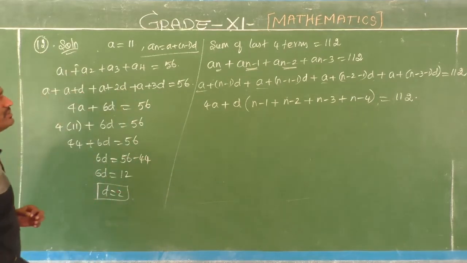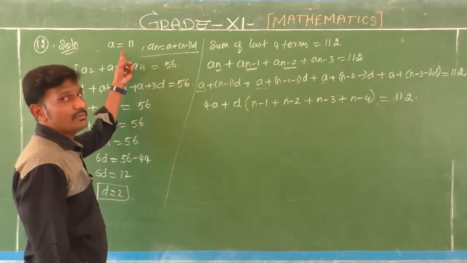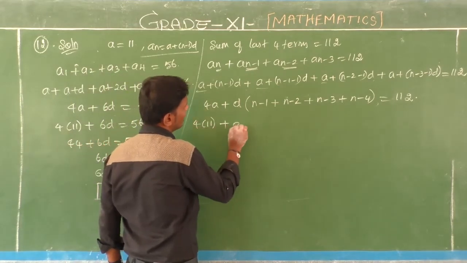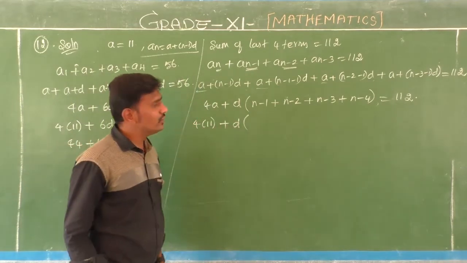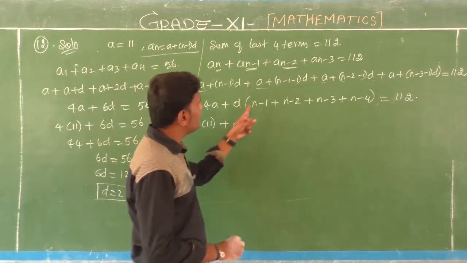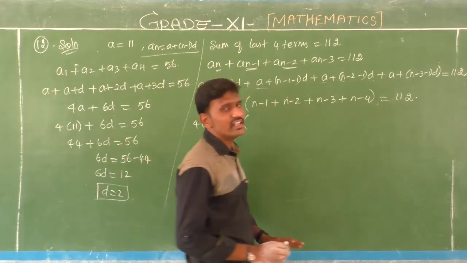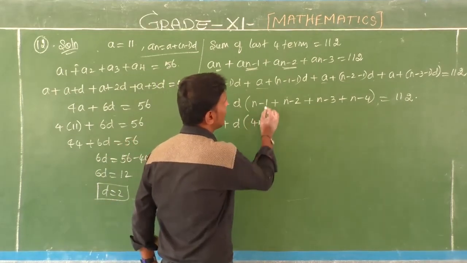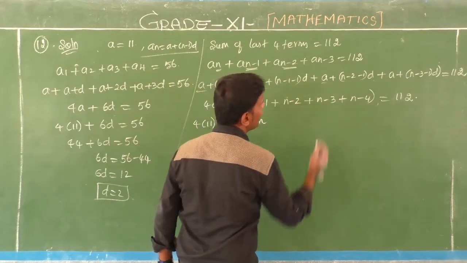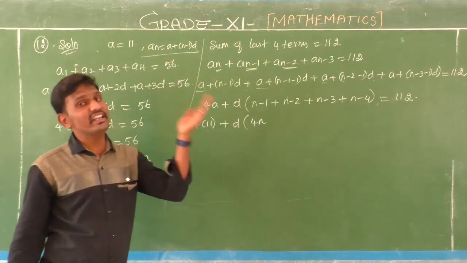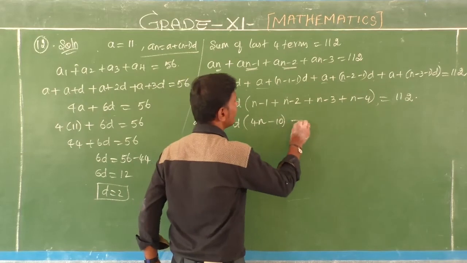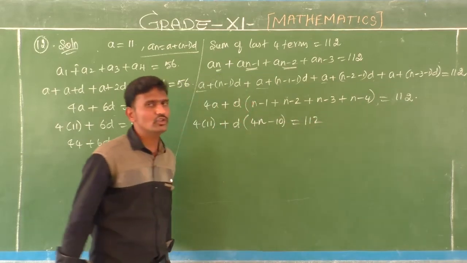Now we are going to simplify. You have the value of the first term as 11. Now substitute: 4 into 11 plus d into, now add n plus n plus n plus n, that is 4n, and minus 1 minus 2 minus 3 minus 4, that is minus 10. So 4n minus 10 is equal to 112.